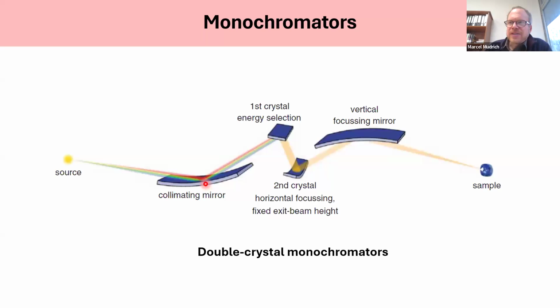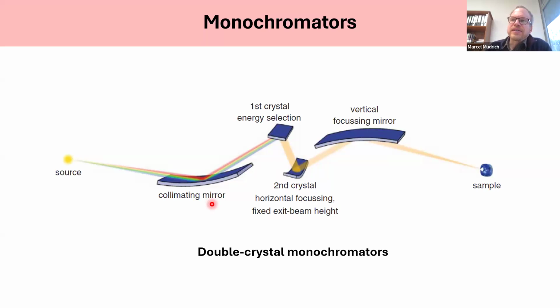So the only way to diffract X-rays is using a grating. Just like in the visible range, there are diffraction gratings that can be used. But again, the difference with X-rays is that it cannot be a normal grating as we use in the visible range that consists of periodic grooves that are artificially made in a metal surface, for example, because the wavelength of X-rays is a factor of 1,000 or so shorter.